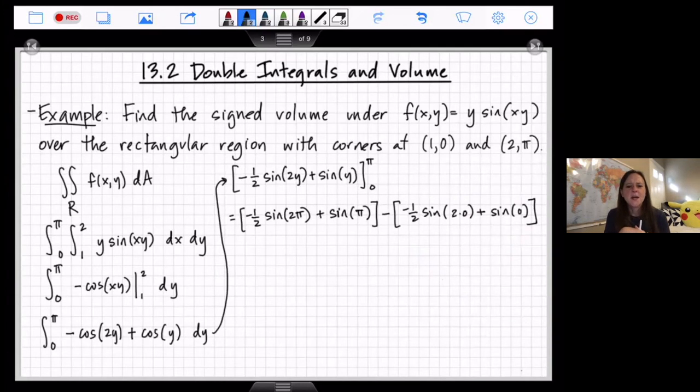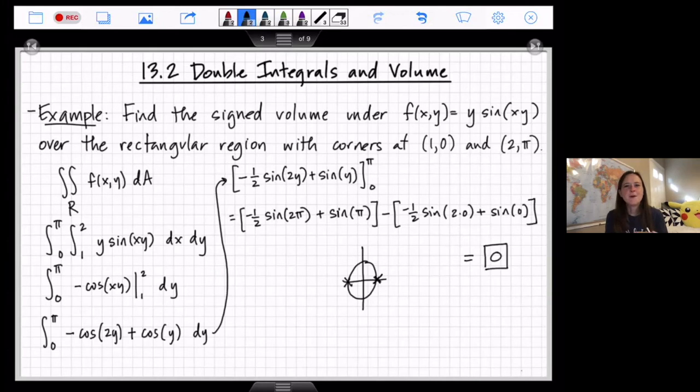If you think about 2π, π, and 0, we've got to find the sine of all of those spots on the unit circle. If I think about my unit circle, 0, π, and 2π, all three of those have the same sine value. They all have a value of 0. So I've got 0, 0, 0, and 0. Everything in this entire integral ends up evaluating to 0.